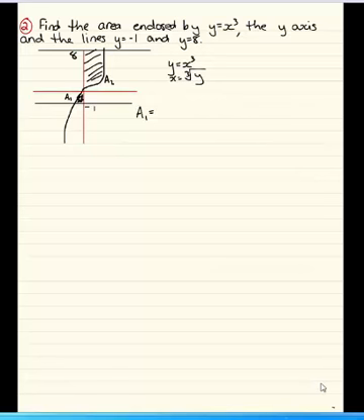So area 1, well that is the integral from -1 to 0 of, now what is the cube root of y? Well, that's y to the power of a third, and then dy, which I know how to integrate. I'm going to add 1 to the power. What's a third plus 1? It is not 2/3. Do not fall for that trap. Okay, 4/3. And so then we need the 3/4.